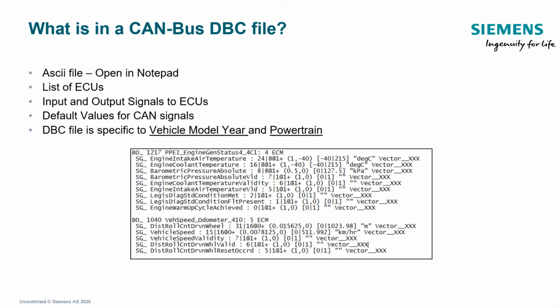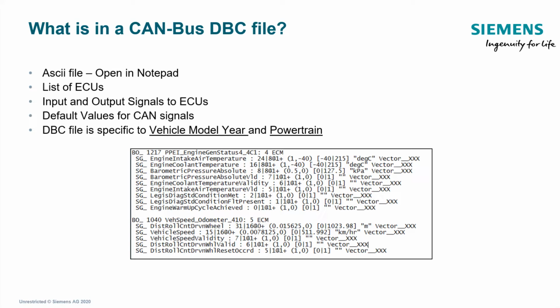If you're going to read CAN, that's how you would physically connect up, but then you need a decoder ring, if you will, and that's typically contained in a file that's called a DBC file. Somewhere I have the definition, database CAN or something to that effect.